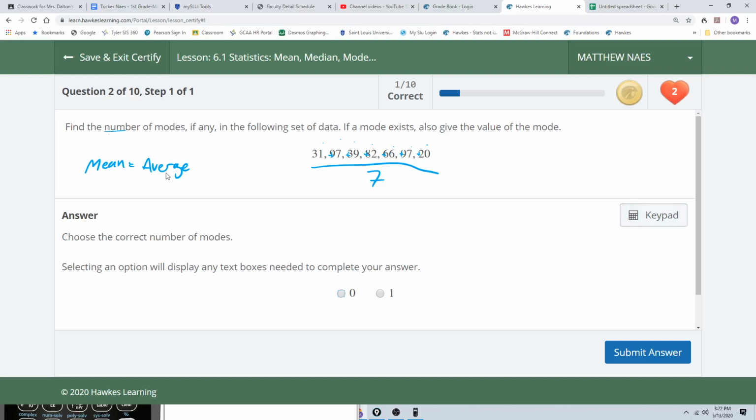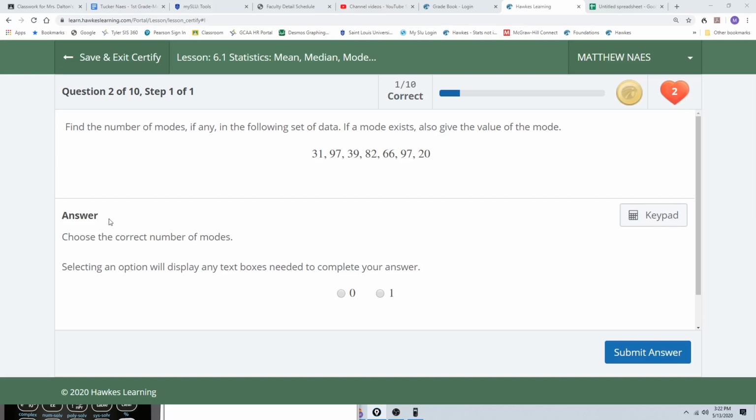Well, apparently we can't do that right now. There should be a way to copy and paste the data onto Google Sheets or Excel, and we'll show you that as soon as I get another question. So that's mean. It's easy enough to do.